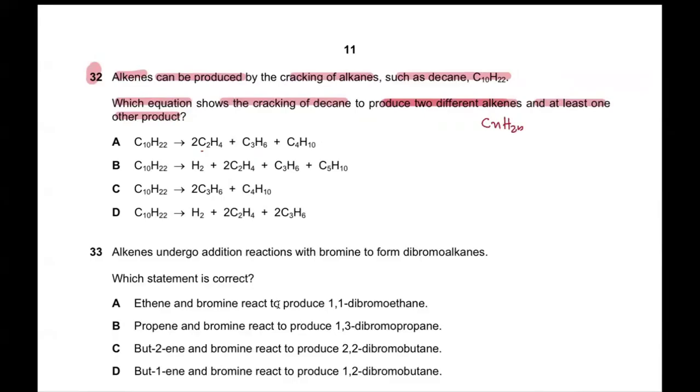So over here, this one and this one both are alkanes, so A goes wrong. If you see, it's an alkene and at least one other product, so B can be an answer.